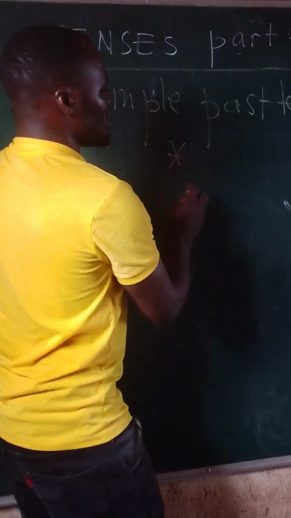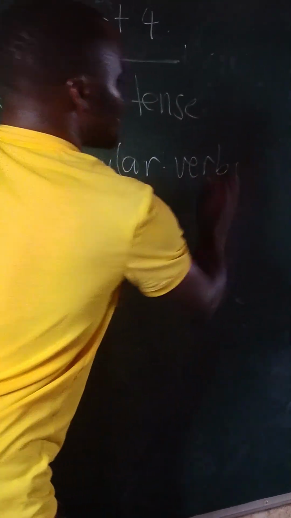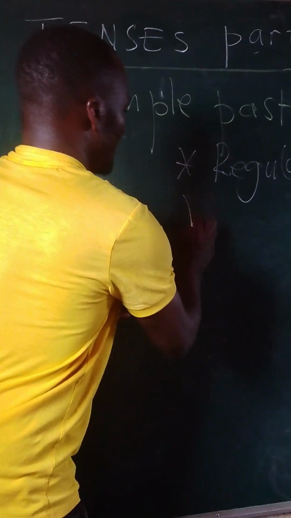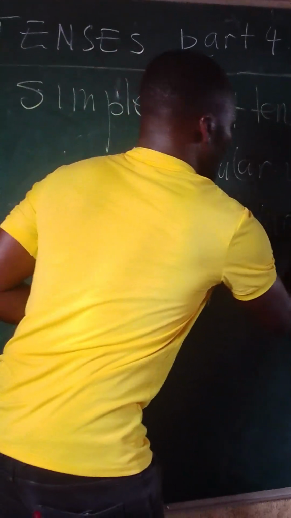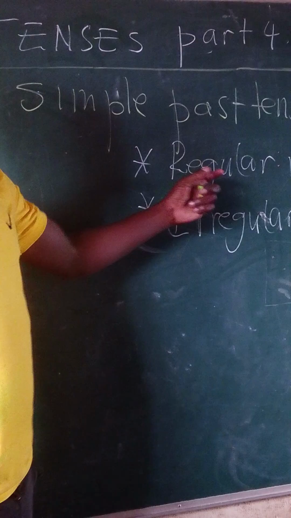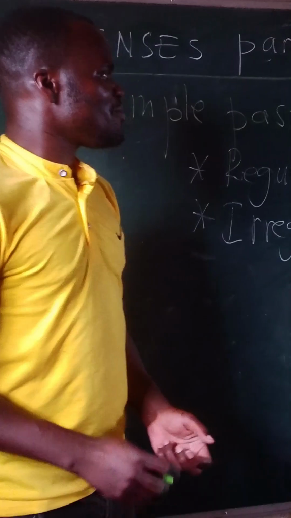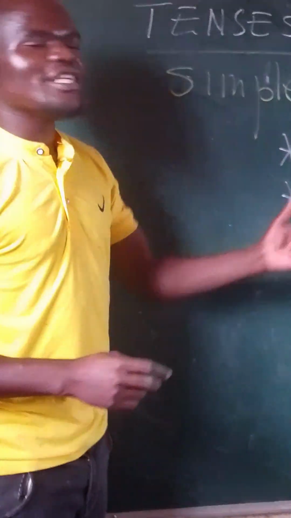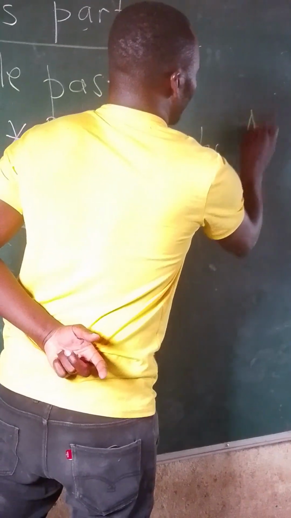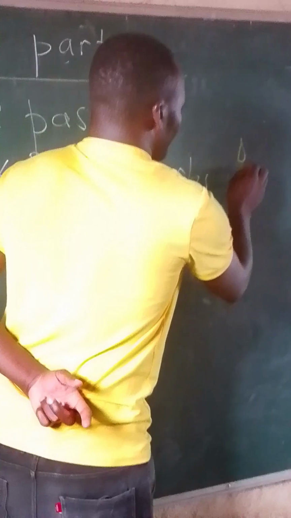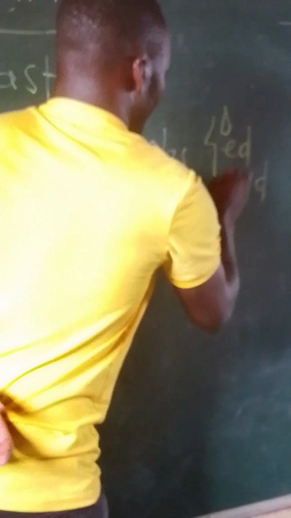So let's consider regular verbs, and then irregular verbs. Regular verbs are verbs which we form the past of by adding d, ed, or ied.